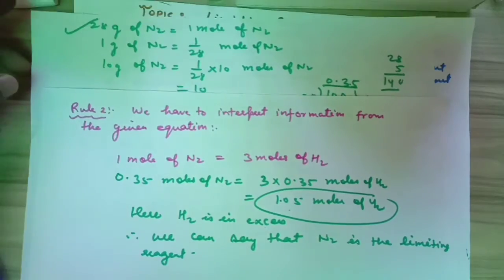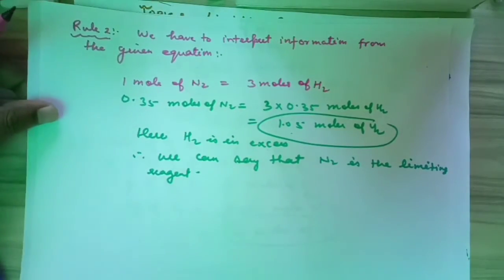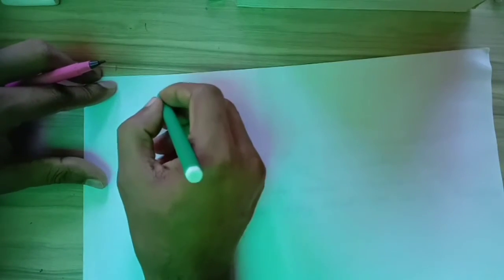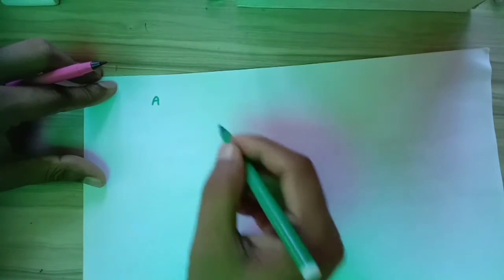We can also use general information. So let's use general information to decide the limiting reagent. Suppose we are taking two groups of boys and girls, and we have to make a pair.